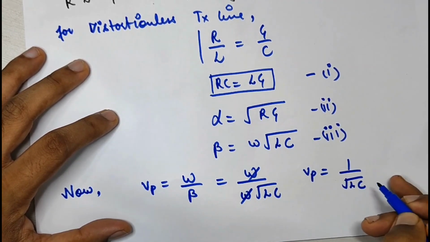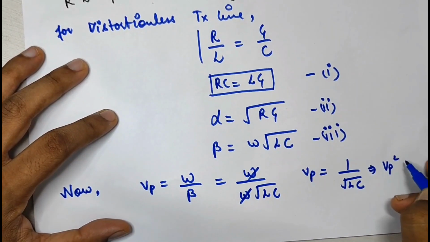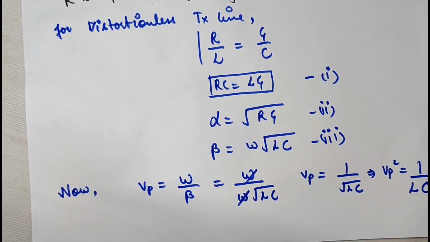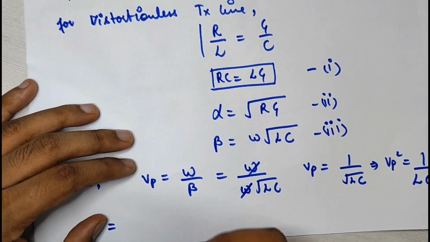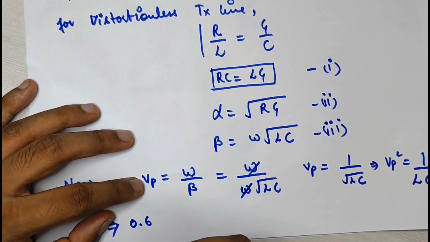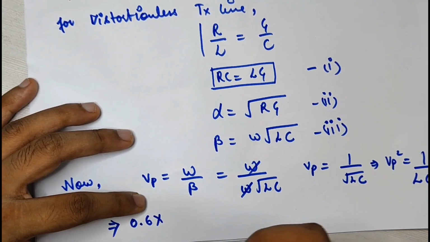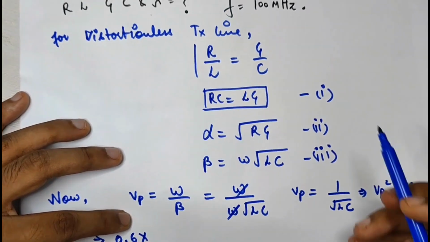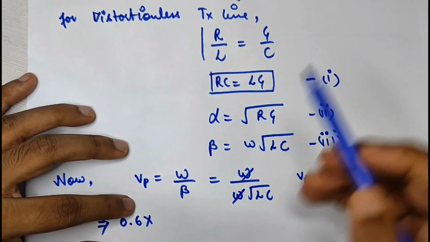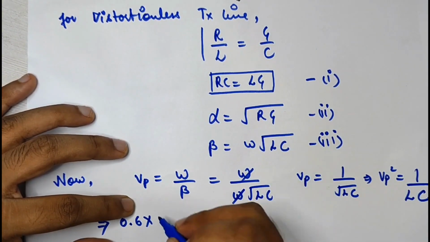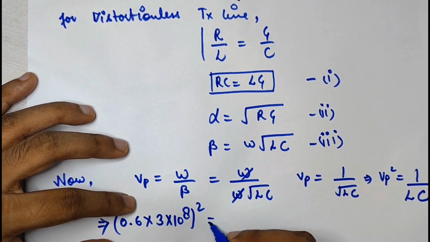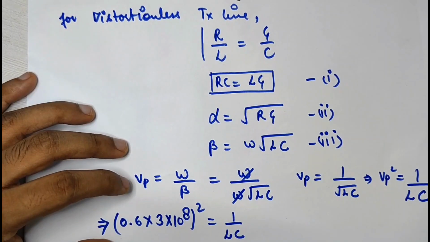First, this can also be written as Vp square equals 1 upon LC. Now the value of Vp is 0.6 C. What is the value of C? So we substitute 0.6 times 3 into 10 to the power 8, whole square, is equal to 1 upon LC.